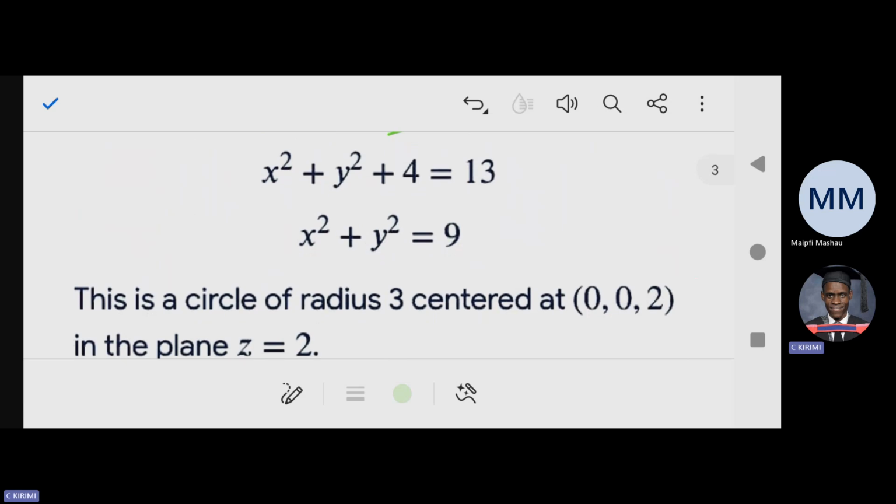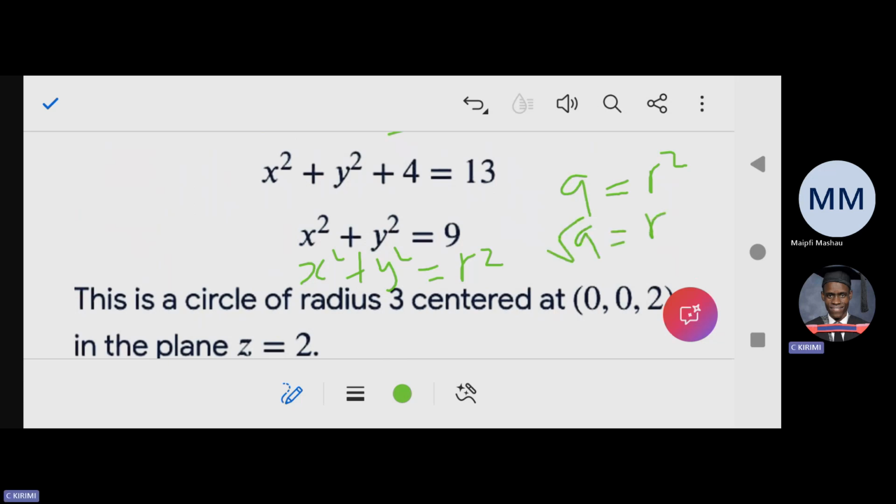Therefore, X squared plus Y squared equals R squared, where R squared is the radius squared. So 9 equals R squared. If I want R, I take the square root of 9. So the radius is 3, the circle where the plane intersects with that sphere.